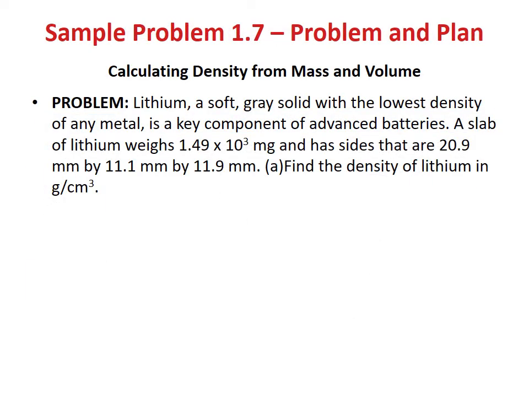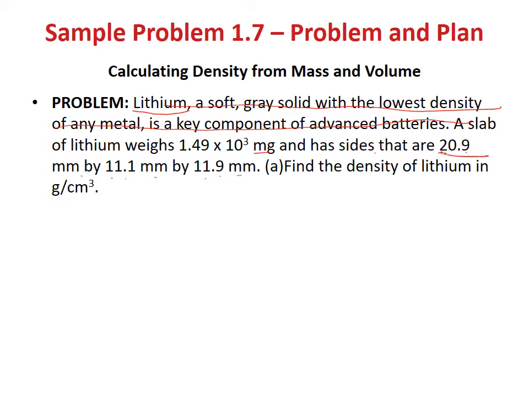Here is an example about density. So this is about lithium metal. You don't need the first sentence. A slab of lithium weighs 1.49 times 10 to the third power milligram. So we have the mass, and it has sides that are 20.9 millimeter, 11.11 millimeter, 11.9 millimeter.